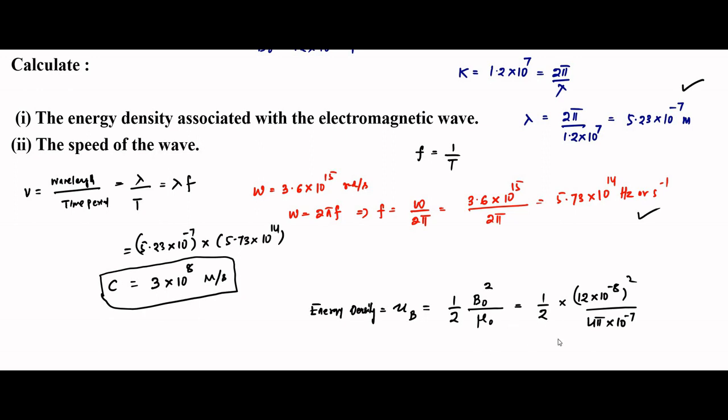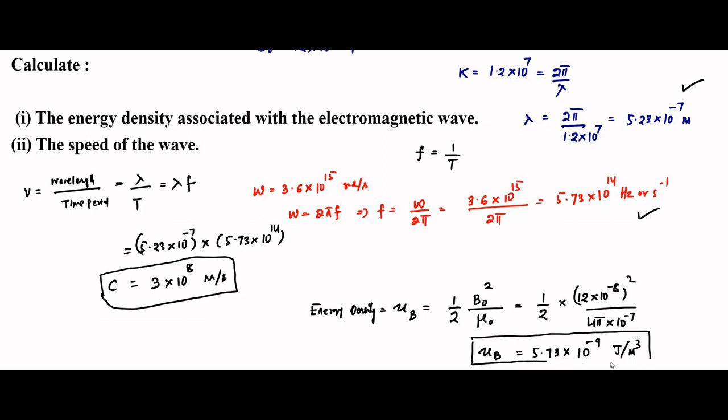The value is coming around 5.73 × 10^-9 joules per meter cube. This is the average energy density in terms of the magnetic component.